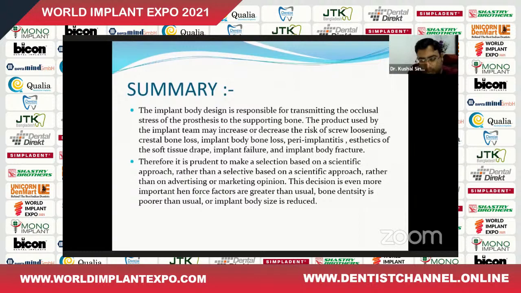Therefore, it's prudent to make a selection based on the scientific approach rather than on advertising or marketing opinion. These decisions are even more important when force factors are greater than usual, bone density is poorer than usual, or the implant body size is reduced.